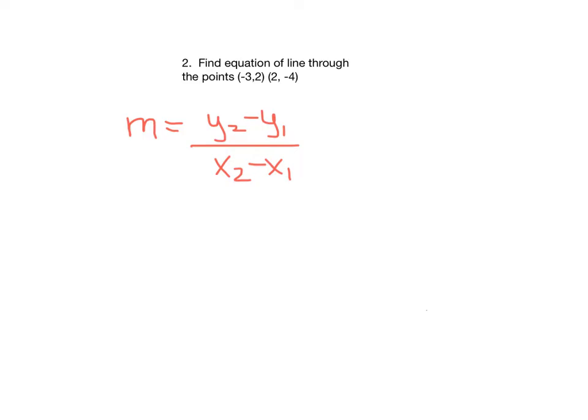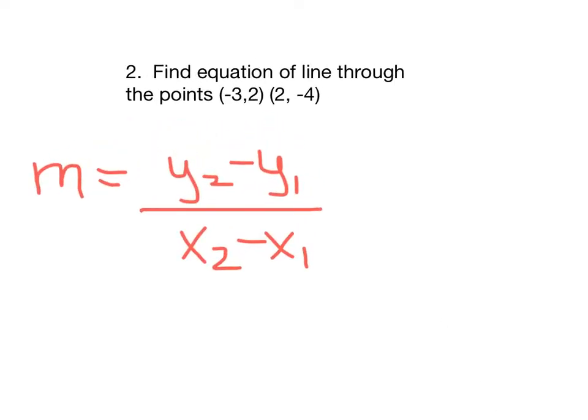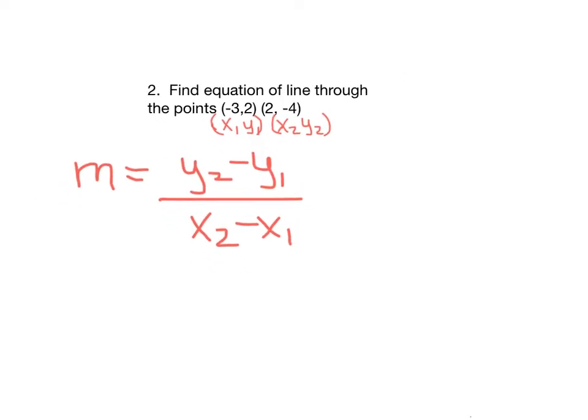Now, again, it doesn't matter which ordered pair you label as which. So if I decide to say that this one's going to be my ordered pair number 1, and this is ordered pair number 2, I'm going to get the same answer even if I called the -3, 2, x2, y2. It doesn't matter. But I'll do it this way.